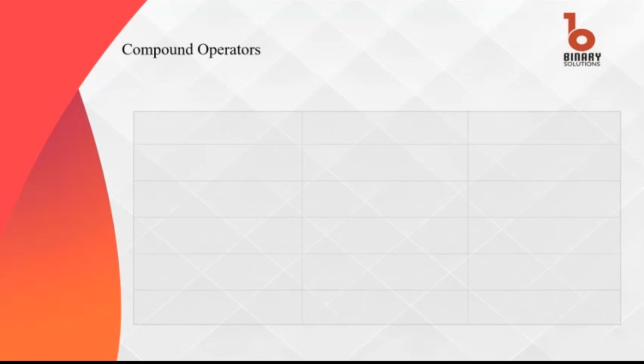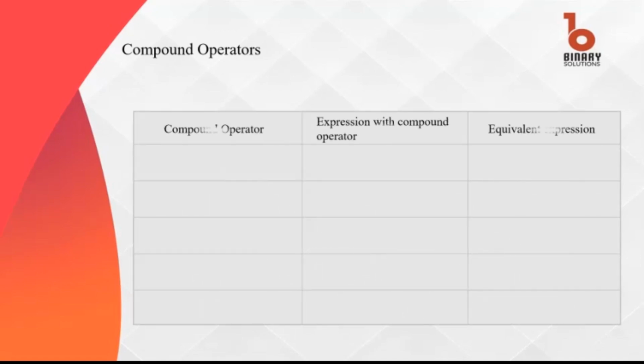Compound operators provide a more concise way to update variables without needing to repeat the variable name. Instead of writing the full expression every time, you can use compound operators to shorten the code. This table illustrates various compound operators used to simplify mathematical operations in programming.